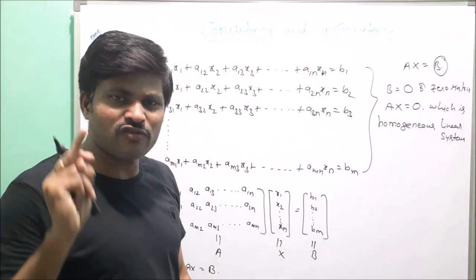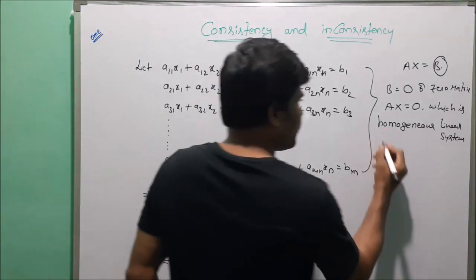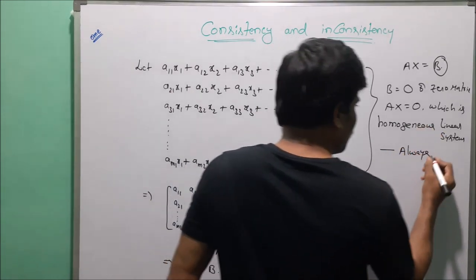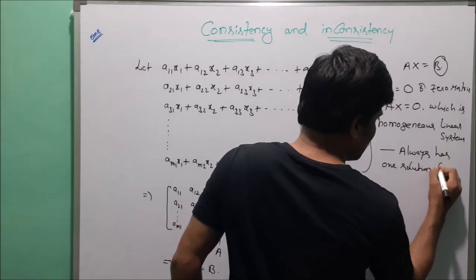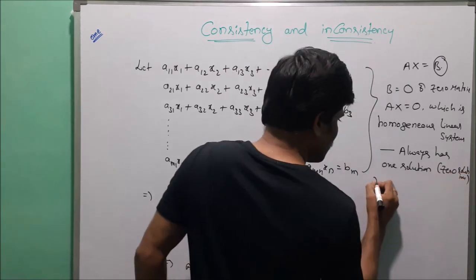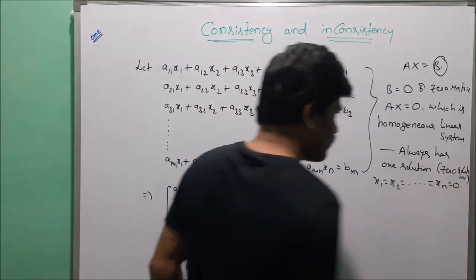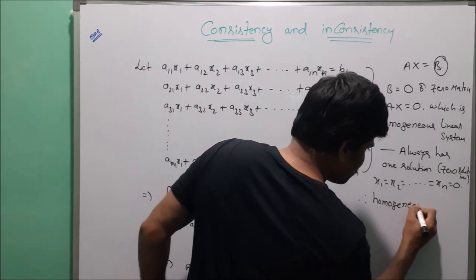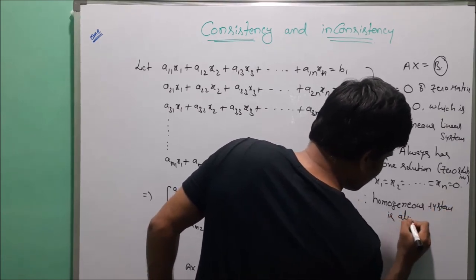Any system which has at least one solution is called a consistent system. Here x1 equals x2 and so on xn equals zero. Therefore, a homogeneous system is always a consistent system.